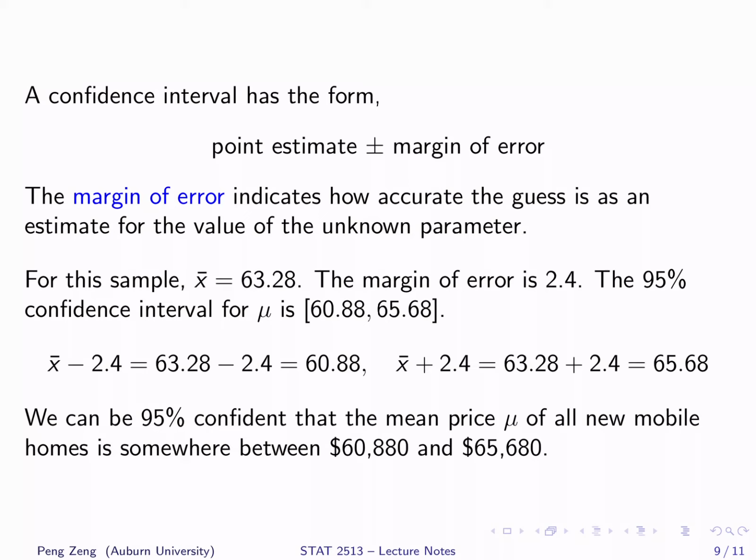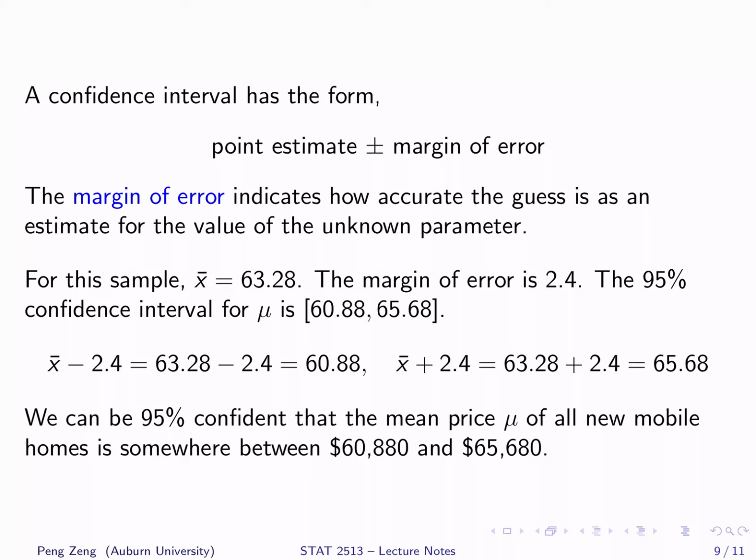Therefore, the 95% confidence interval for mu is 60.88 to 65.68. The left endpoint is the sample mean minus 2.4, and the right endpoint is the sample mean plus 2.4.